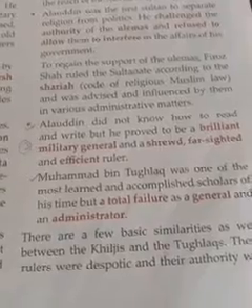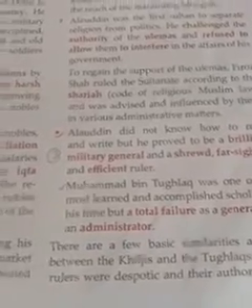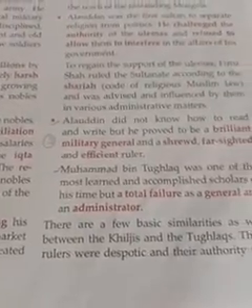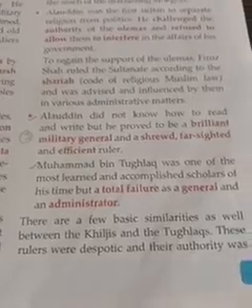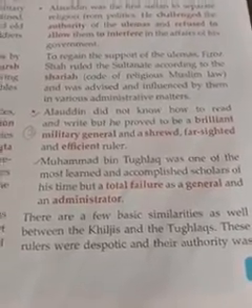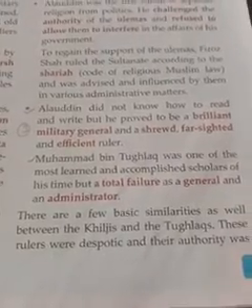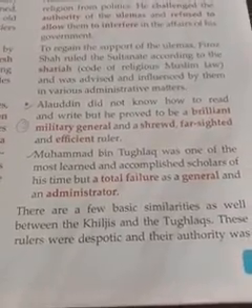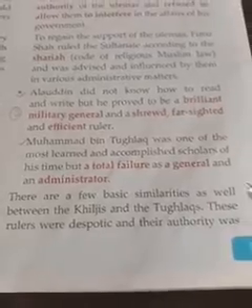Means here we see both the rulers ruled efficiently and had rebellions, but they took different measures to suppress the wealthy persons, the rich nobles, and their rebellions.